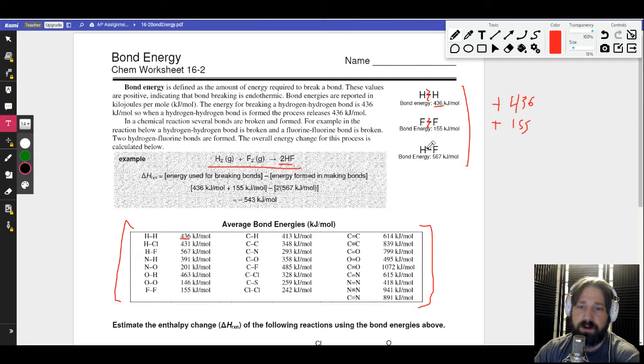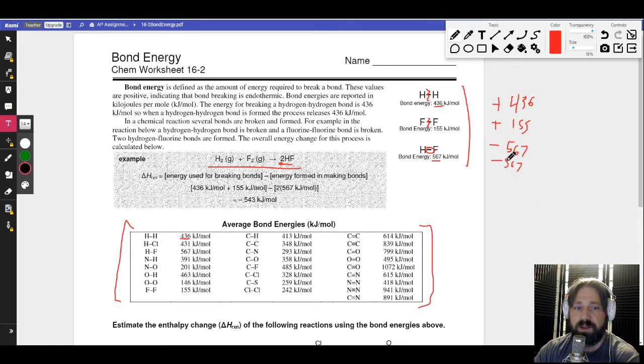So this is the bond that is going to be formed, and it's going to be 567. Since this is being formed, energy is going to be released, so this is going to be negative, exothermic, negative 567. Now, there's two of them here. Since there's two of them, two of these bonds are going to be formed.